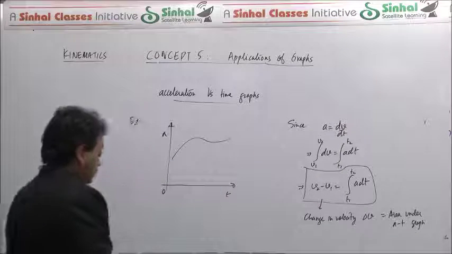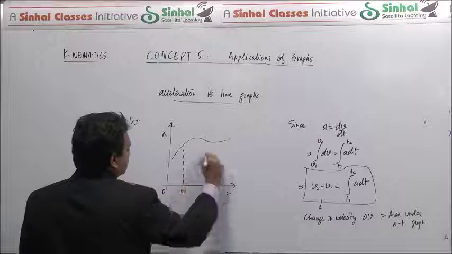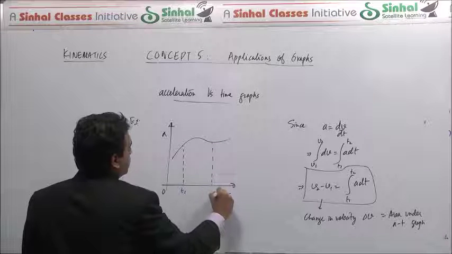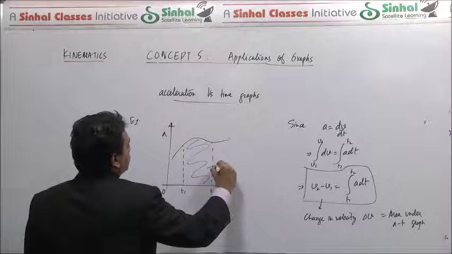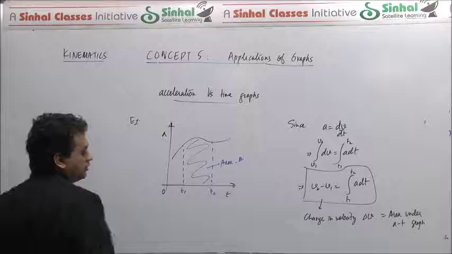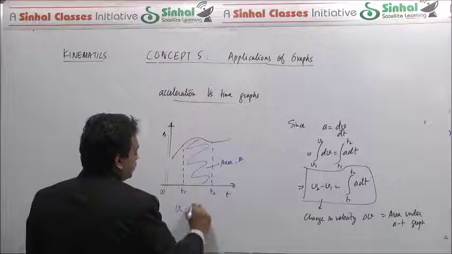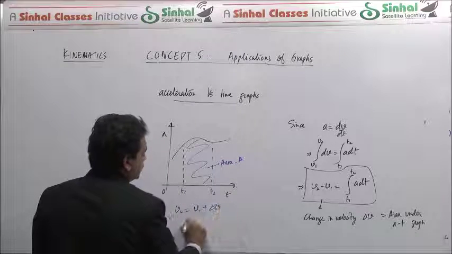So for example here, if this is the time T1 and this is time T2 and this area measures out to be A, then we would say that V2 is equal to V1 plus a change in velocity.